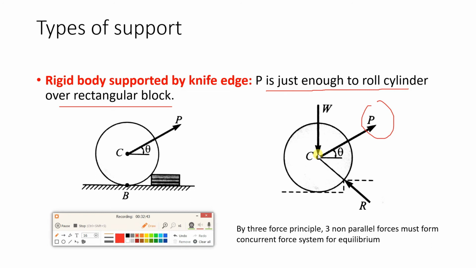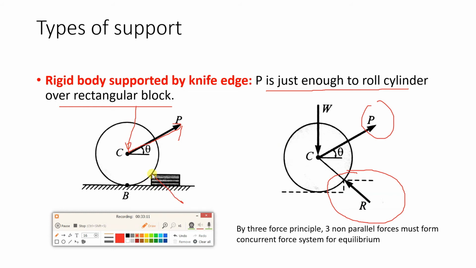Okay, why are they concurrent? Because we have seen the three force principle. What is that? For a body to be in equilibrium, if three forces are acting, they should form a non-parallel and concurrent force system. So by that, we understand that the line of action of this reaction passes through the center. In the question itself, it is given that P is acting from the center, and weight will act from the centroid only, that we know.